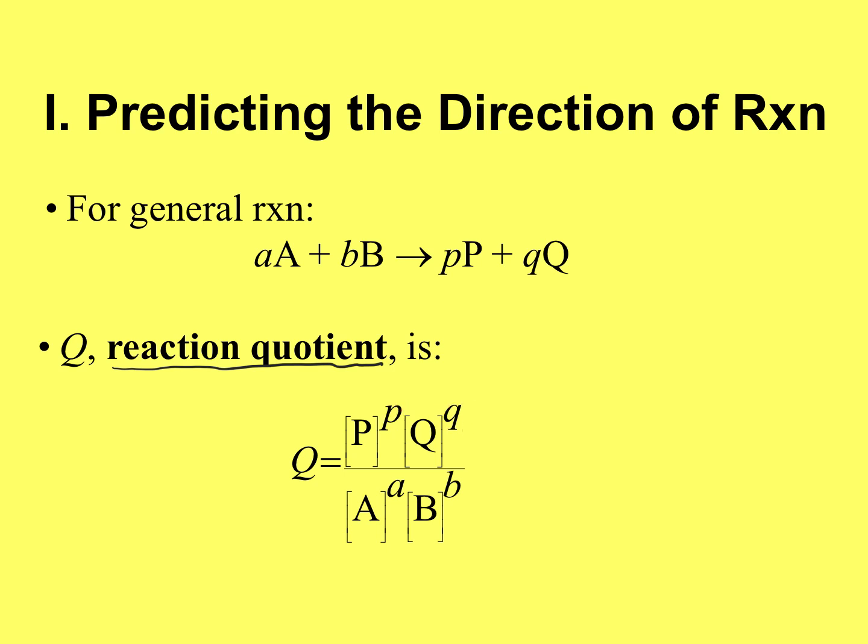And this is very, very similar to the equilibrium expression, but there is one specific difference about when you use Q. And that is you use Q if you are not sure whether the conditions are at equilibrium or not. And we use Q, the reaction quotient, to determine what the direction of the reaction is going to be to get to equilibrium if it's not at equilibrium.